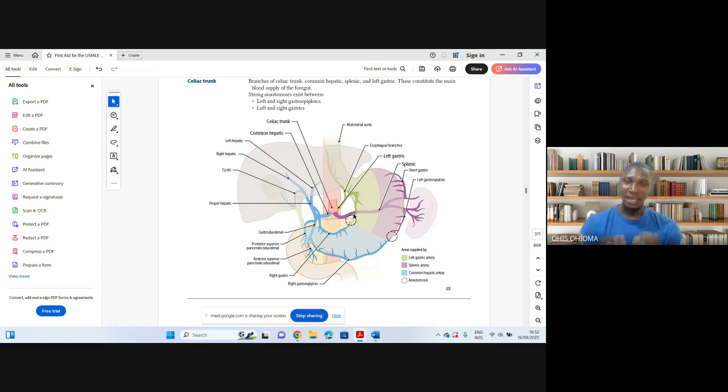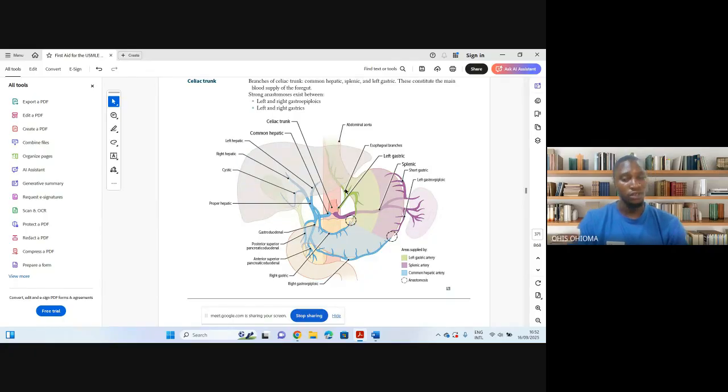The right gastric artery comes from the common hepatic artery, basically, but it doesn't supply a very large amount of blood to the lesser curvature. This left gastric artery also gives a branch that's known as the esophageal branch.